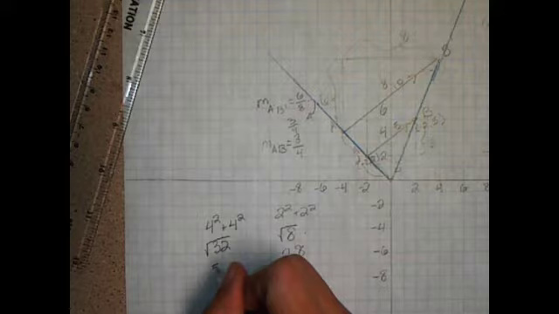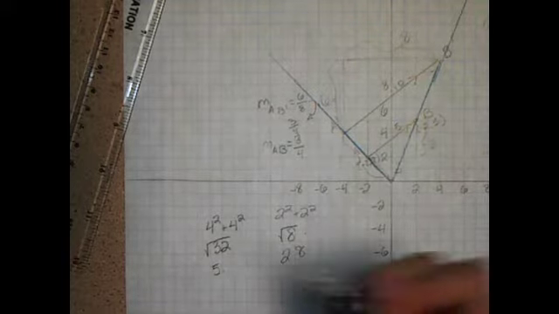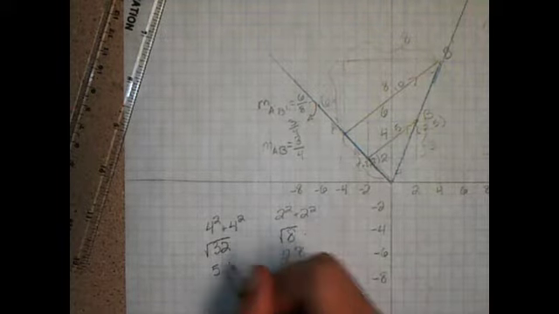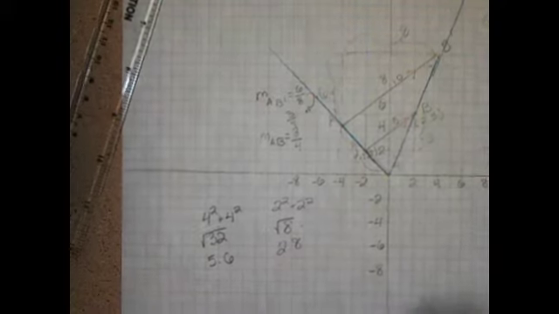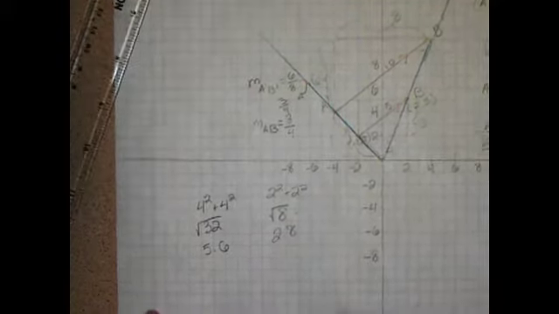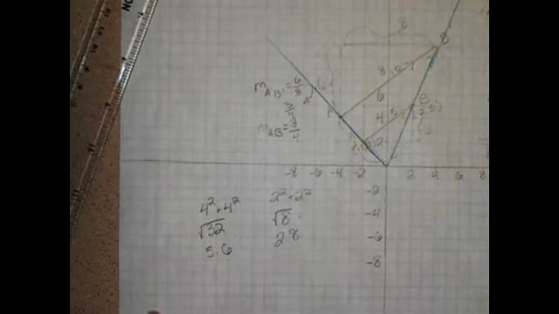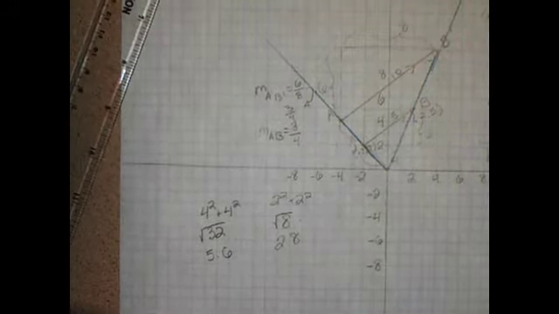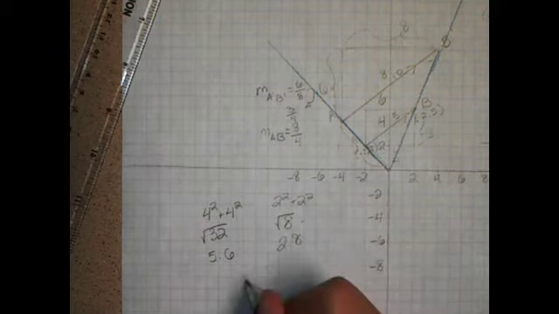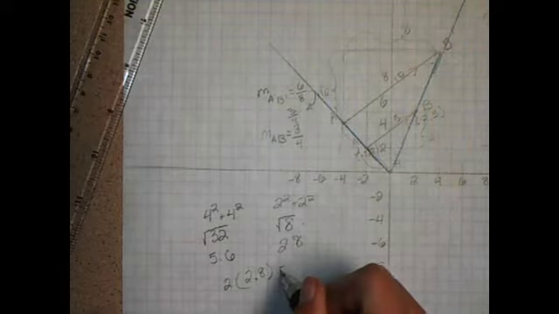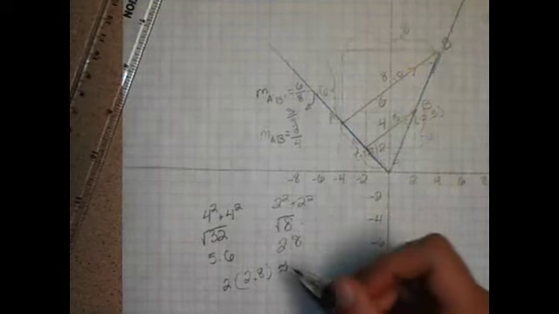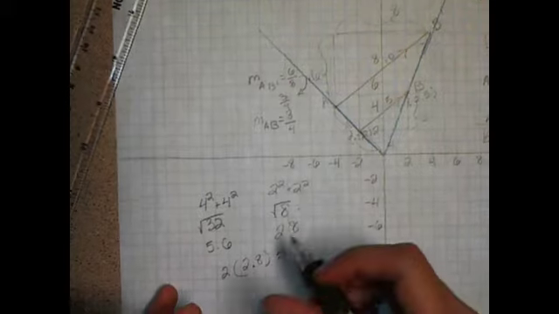It's approximately 5.6. And I can compare the two, 2.8. If I multiply that by my scale factor, 2.8 times the scale factor, which is 2. I should use the approximate size because I've been doing a lot of rounding here.